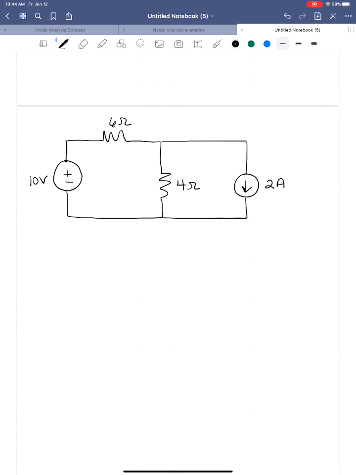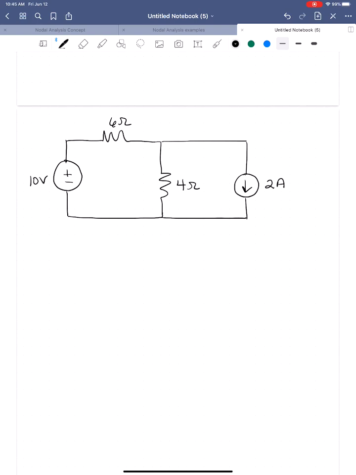What we're going to do here is solve for the mesh currents and then use those to find the power delivered and absorbed by every element. We did a similar activity for nodal analysis. We're going to do the same thing here for this circuit for mesh analysis.